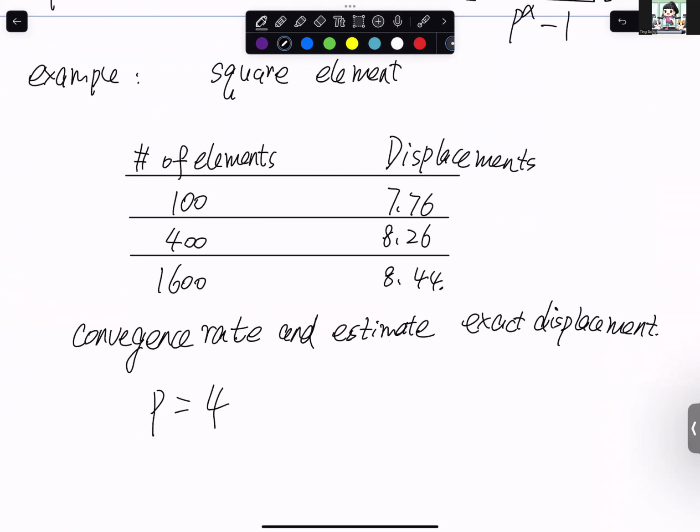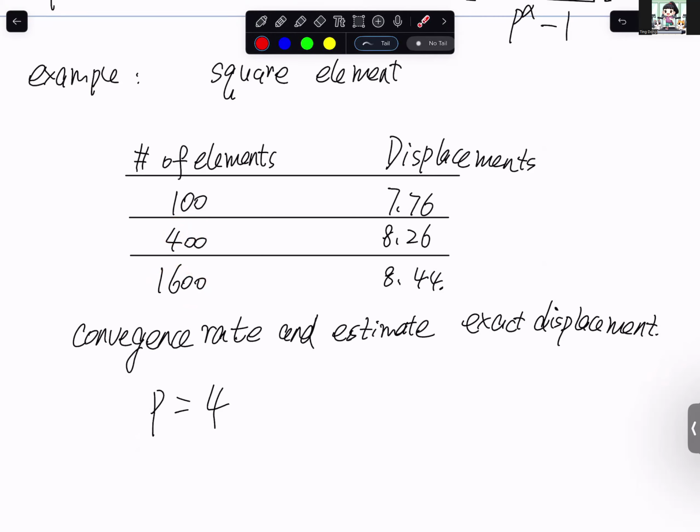Right. Why is P equal to 4? How about, okay, I guess this one also equals 4. Any other opinion? Any other opinions?